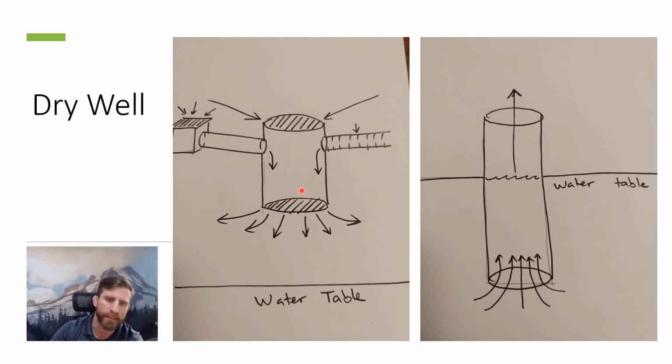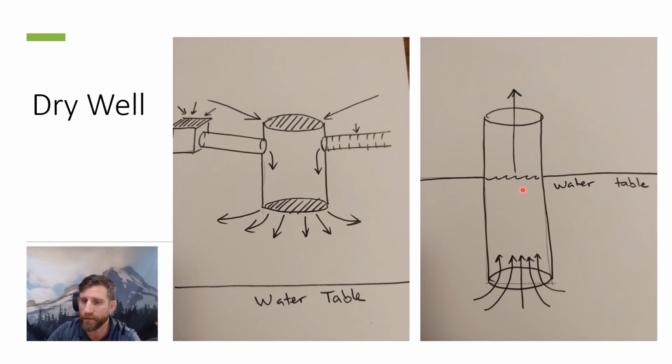And when it rains, water flows through your drainage system or over the soil surface to the perforated top of the dry well, and it moves down through the dry well and is incorporated back into the soil above the water table.